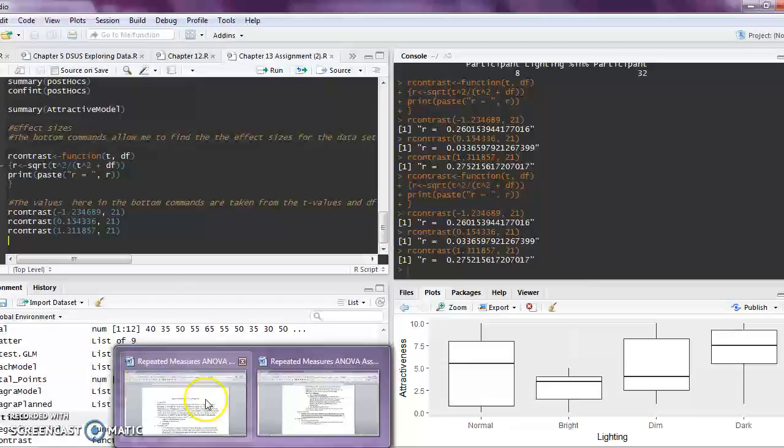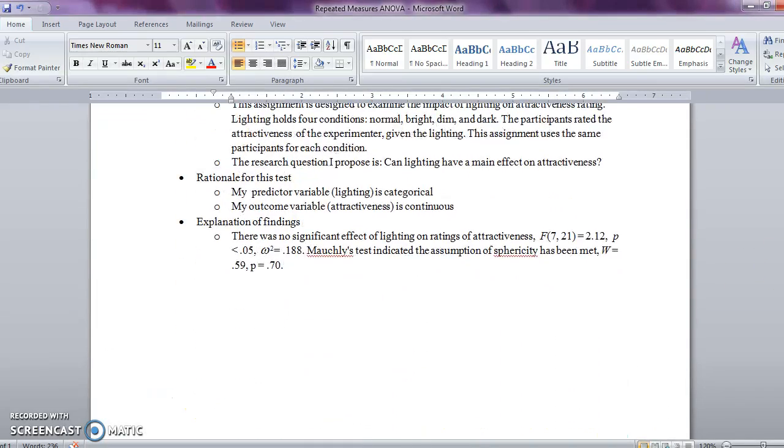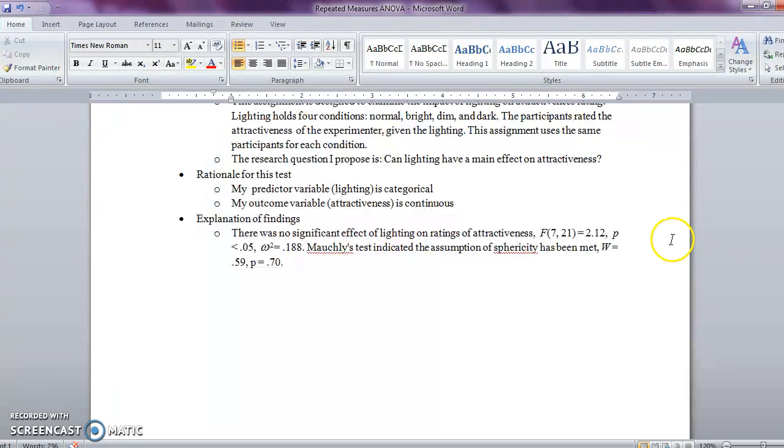So going quickly to the research web document page, just to sum up our findings. We had our descriptive statistics, our box plot, and our bar graph, and in looking at those things, there was a sense that possibly dark lighting had the greater mean.